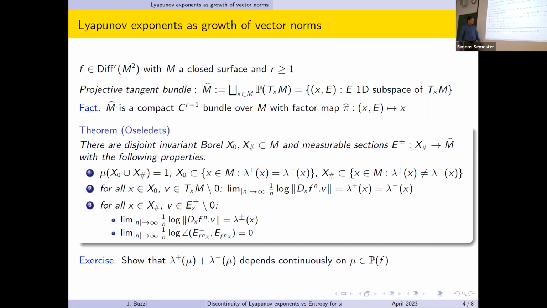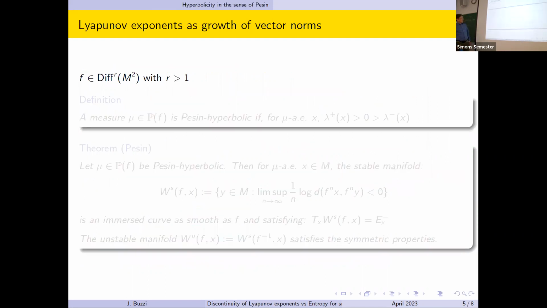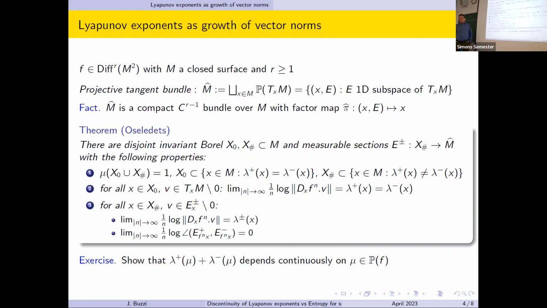This is a vector in the tangent space over F^n of x, so I'm using the norm given by the Riemannian structure at this point. You can check as an exercise that the value of the exponent does not depend on the choice of the Riemannian structure, for instance because M is compact, so it doesn't change anything. Are there any questions about that?